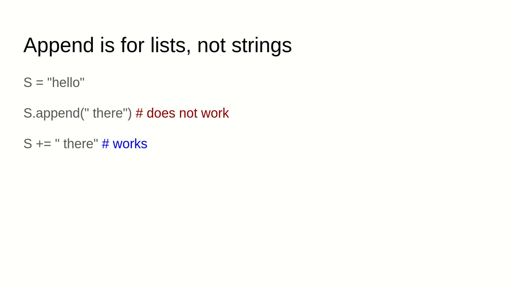And it's also worth pointing out that when we do indexing on strings, for example, if we said S index 0, we can get that character at index 0, but unlike for lists, we cannot change the entry at index 0.